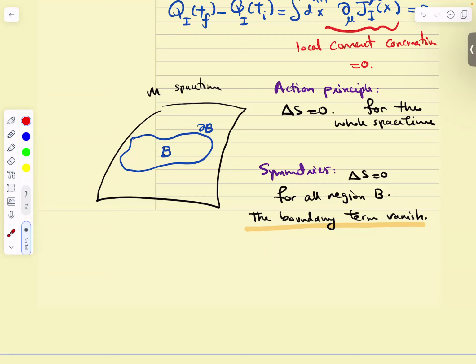I defined some Q of F and Q of I, and Q of F minus Q of I was the integral over the whole inside of del mu J mu of X.